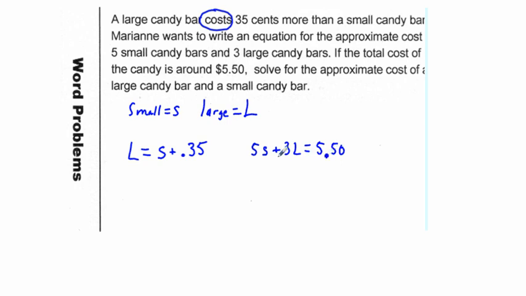So next, solve for the approximate cost of a large candy bar and small candy bar. Well, what we have is we can solve by substitution because we know that large is equal to S plus 35 cents. So we can take this S plus 0.35 and we can plug it in for this L right here.